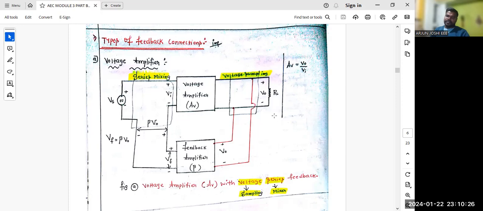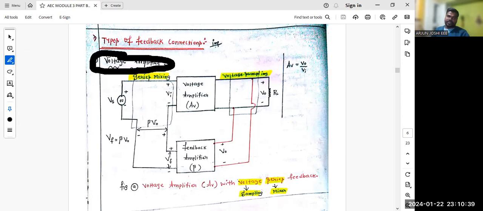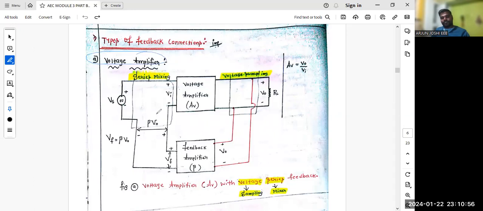Then the first one I'm going to take is the voltage amplifier.